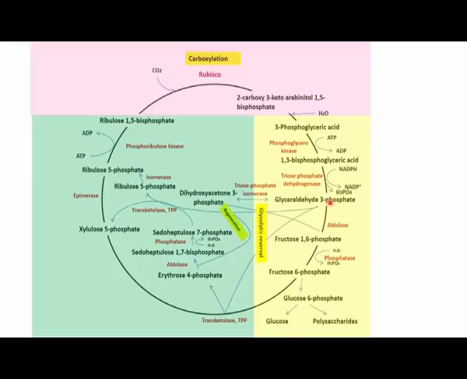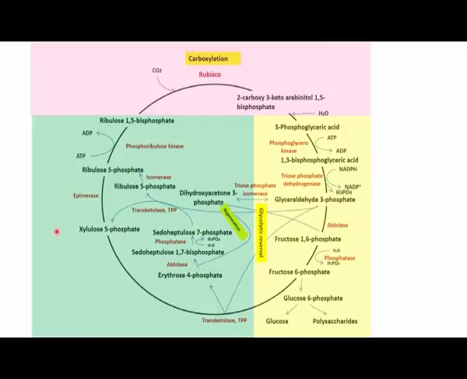The sedoheptulose 7 phosphate then goes for a reaction with the glyceraldehyde 3 phosphate, and that produces two molecules. One is xylulose 5-phosphate, the other is ribose 5-phosphate. From these two molecules, the ribulose 5-phosphate is generated by catalyzing the isomerization or epimerization reactions.